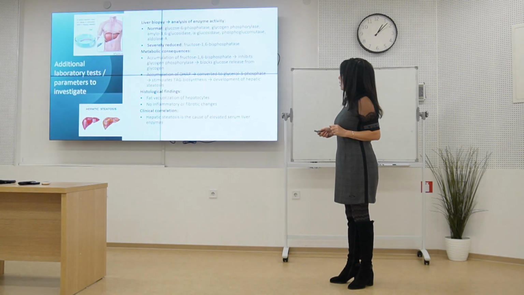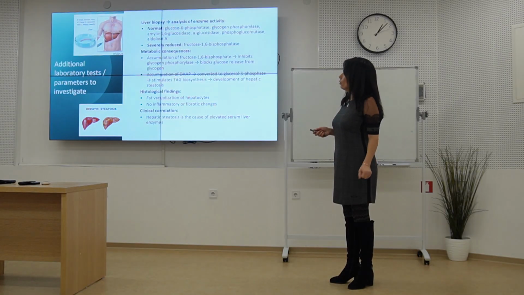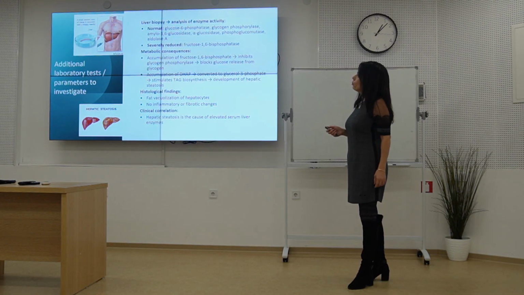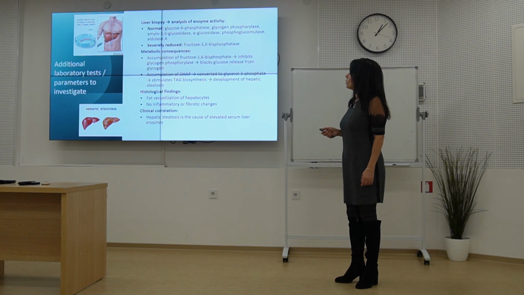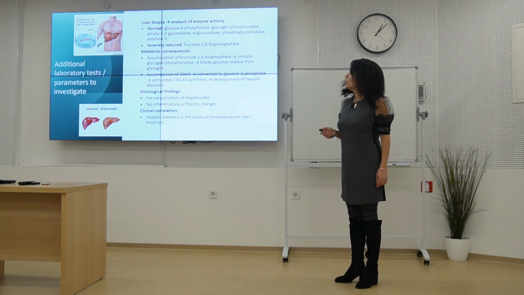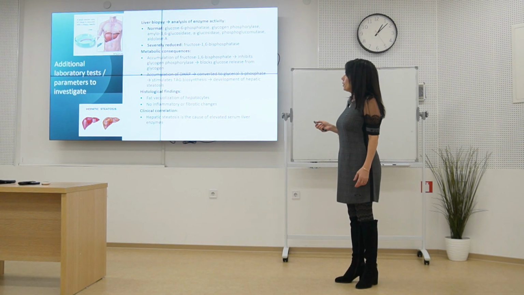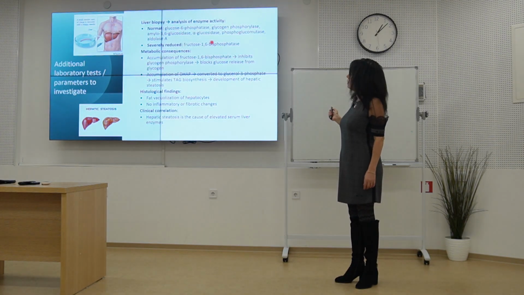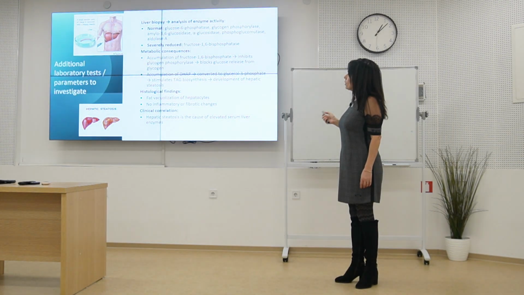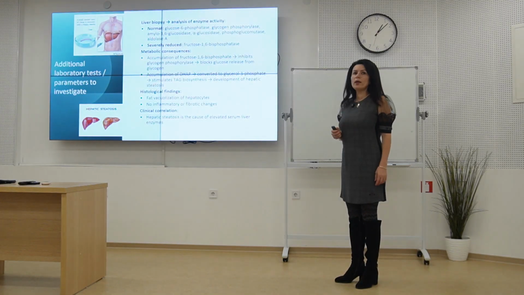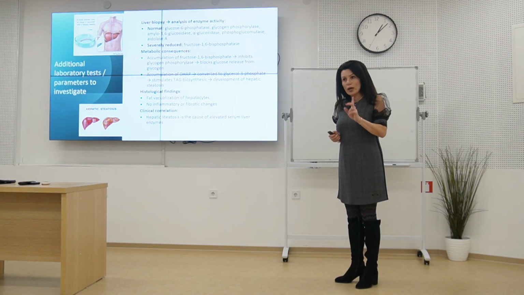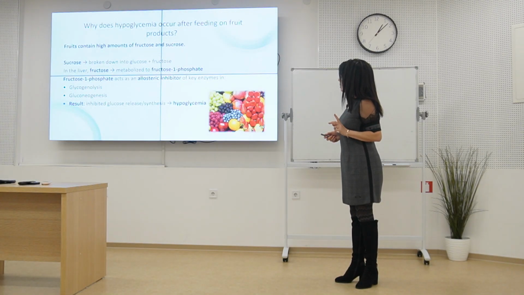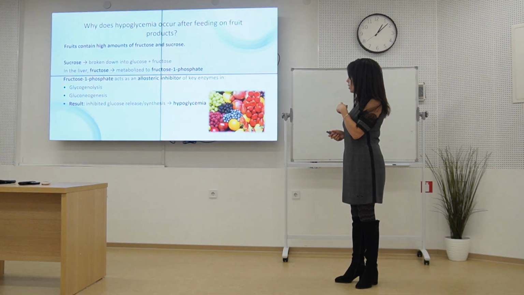And let's see the additional laboratory tests and parameters to investigate. They can be a liver biopsy to analyze the enzyme activity, and here the result is fructose 1,6-bisphosphatase deficiency. The metabolic consequences will be accumulation of the substrate of the reaction, but let's go directly to the scheme. You'll see after a while a scheme.